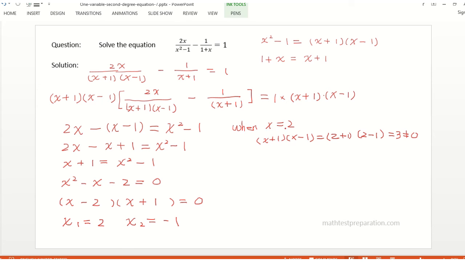So x equals 2 is the solution of the original given equation. So x equals to 2 is the solution.